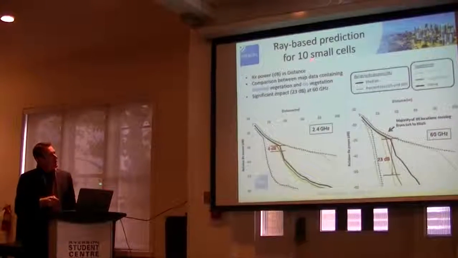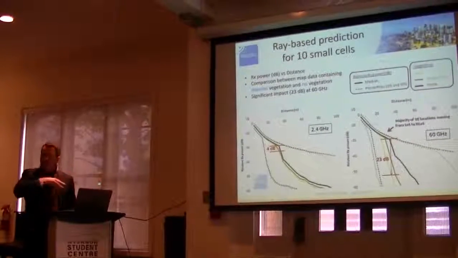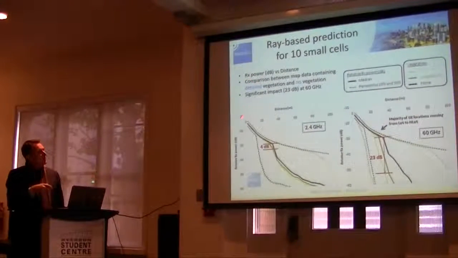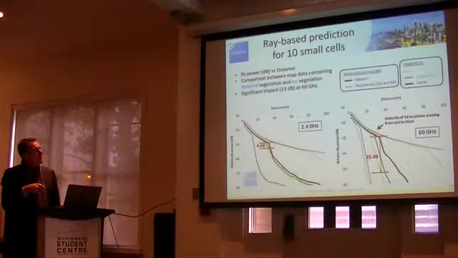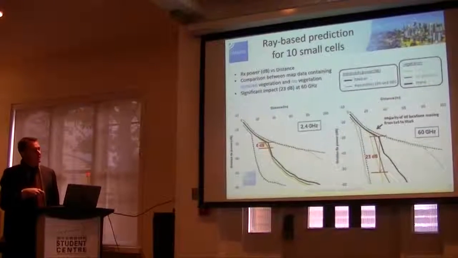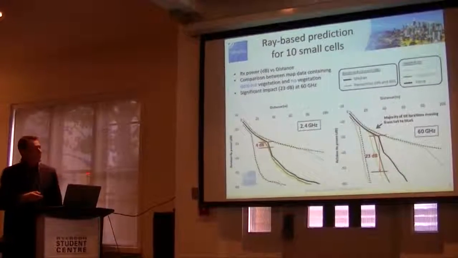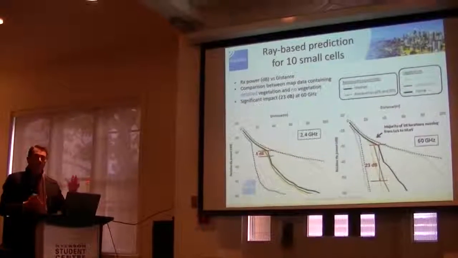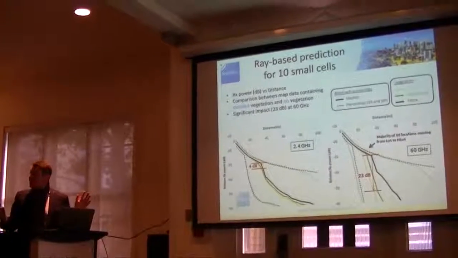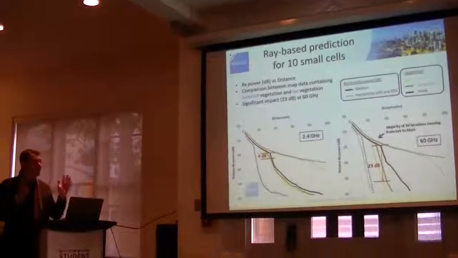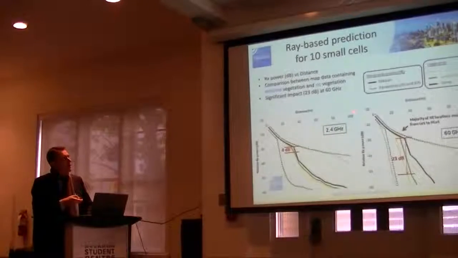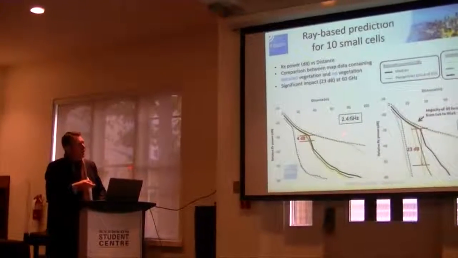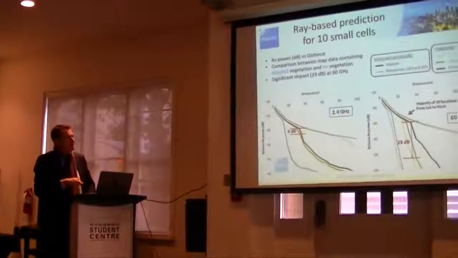Then Zahid has taken the case of 10 small cells spread over an area, and we represent the RX power, the receive power, versus the distance over 100 meters in that case. And we compare the effects of the two representations of the vegetation: the normal case and the enhanced granularity of the vegetation, at 2.4 again and at 60.